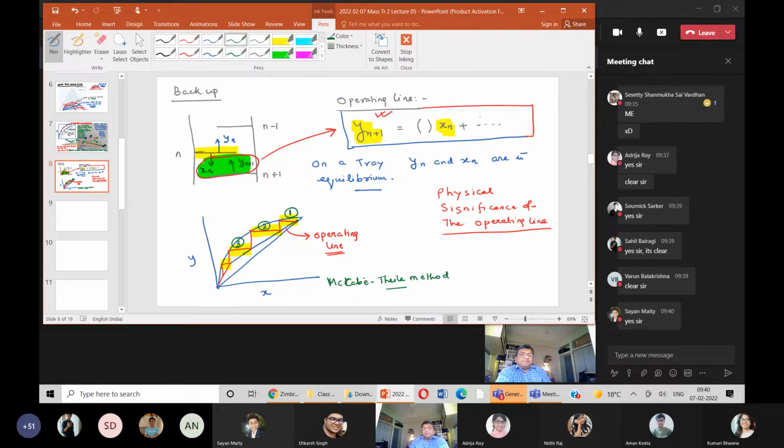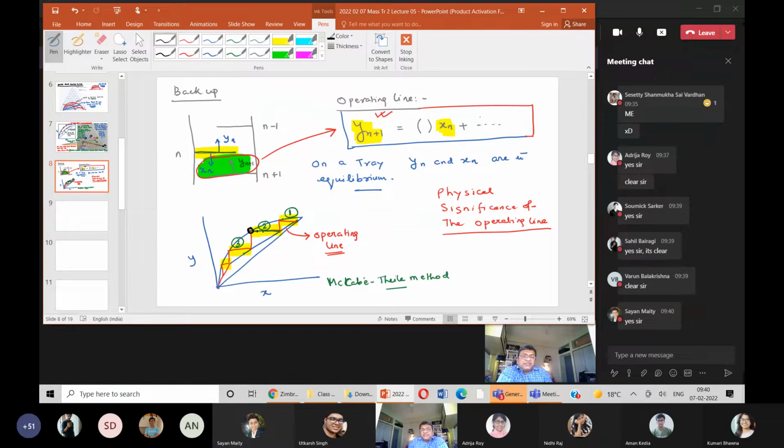What is there on a stage? Stage is an equilibrium stage. So on a stage or over a stage, there is equilibrium between the liquid and the vapor composition. But look very carefully that if you are saying this is our second stage, in this stage, actually the equilibrium is established only at this point.